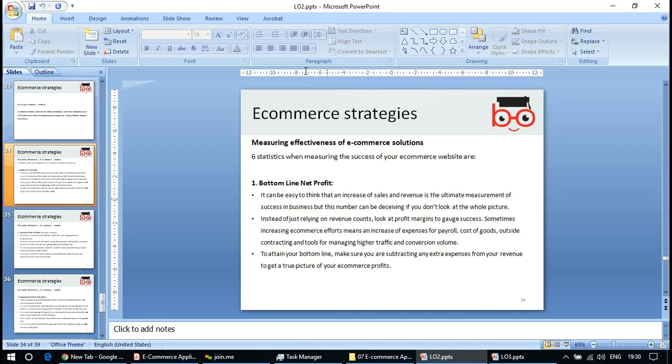Make sense? Yeah. For example, if you are selling very big empty boxes, and you can't fold them, and it costs you more on the storage and the warehouse, then it won't make you a good business. So overall effectiveness depends on the bottom line net profit.